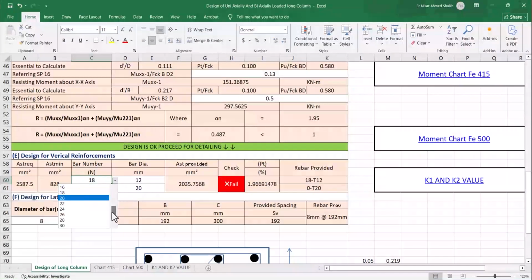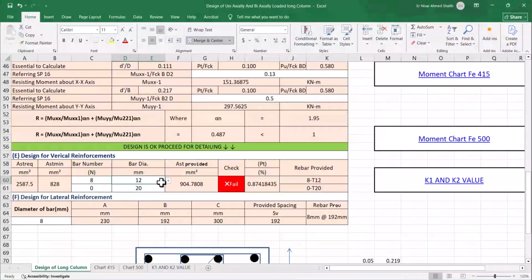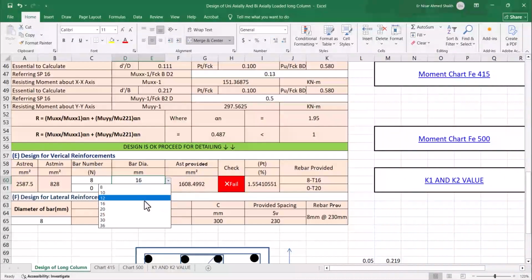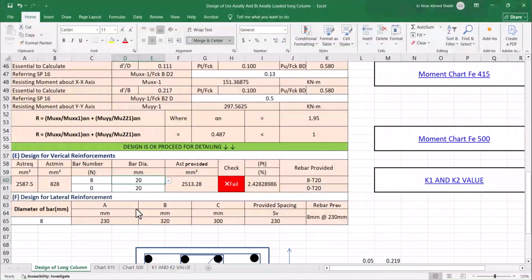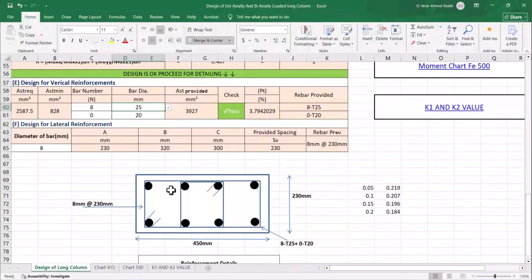Fine, we do 8 bars of 16. Then 20, no, it will not take 20 bars. 25, okay, this check will be passed.